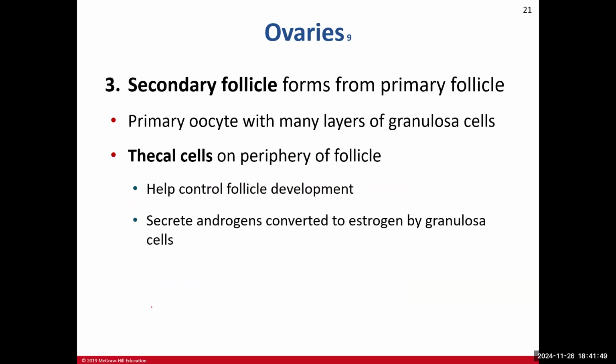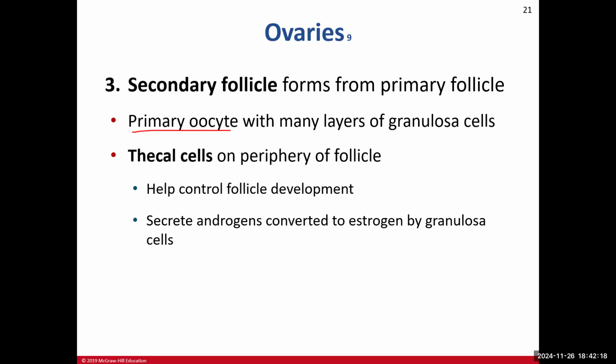The next stage for our follicles is what we call the secondary follicles. Now the secondary follicles still contain a primary oocyte, so you don't want to get confused here. Primary follicles and secondary follicles both contain the primary oocyte, which is still arrested in meiosis 1, in prophase.